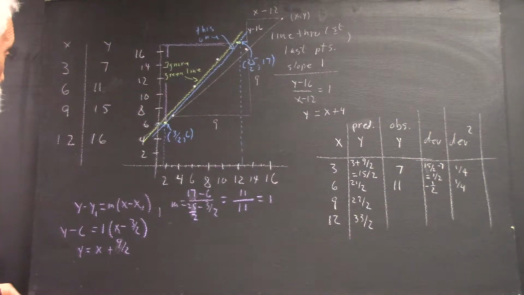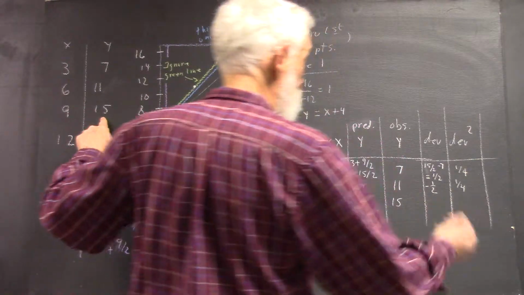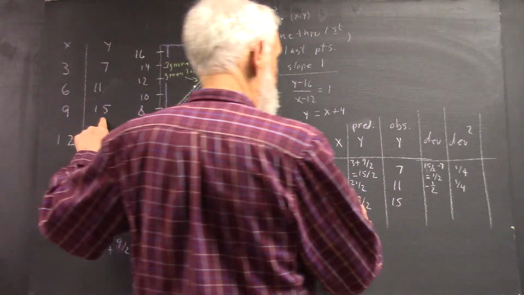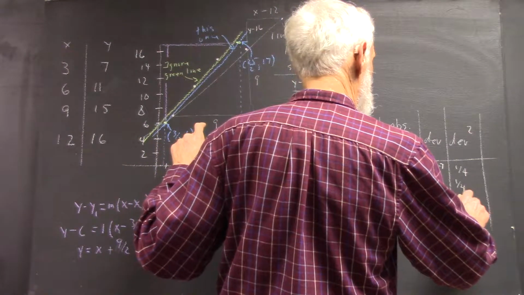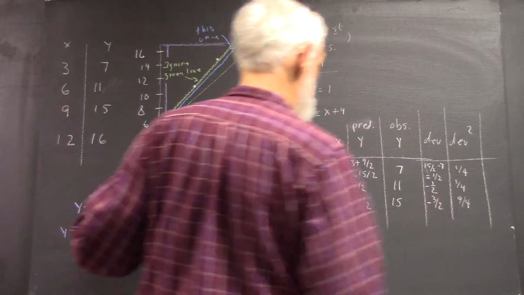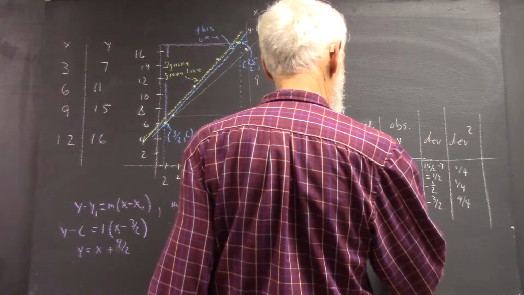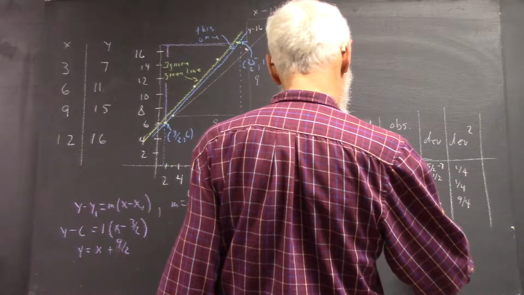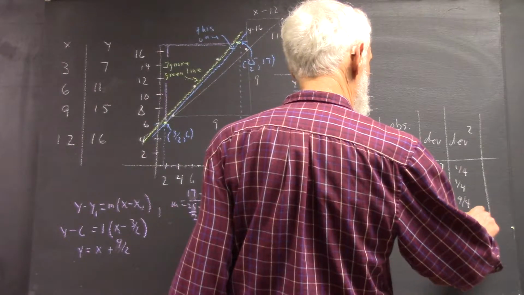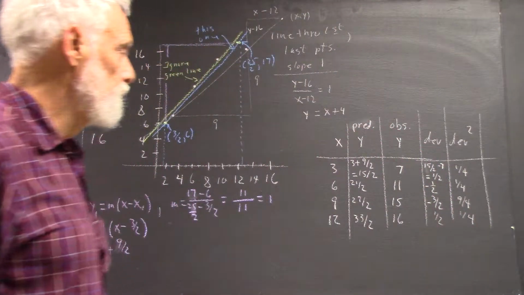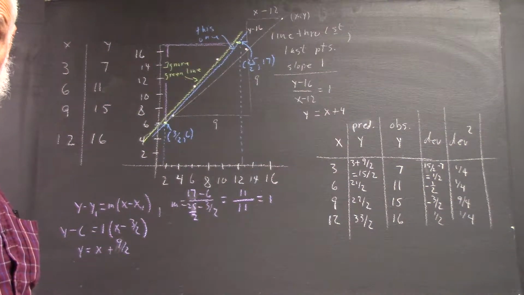So then our next y value is 15, which is 30 halves, which means that I have negative 3 halves here. And that squares out to give me 9/4. And then our last point, 16. Okay? That's 32 halves, and now our deviation is 1/2. So the squared deviation is 1/4. Okay? Make sense?